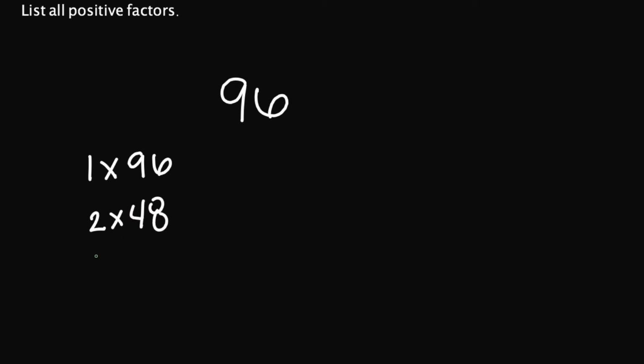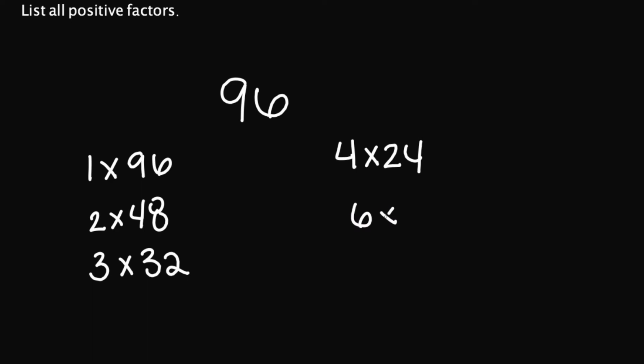All right, what about the number 96? So we have 1 times 96, 2 times 48, 3 times 32, 4 times 24, 6 times 16, and then you have 8 times 12.